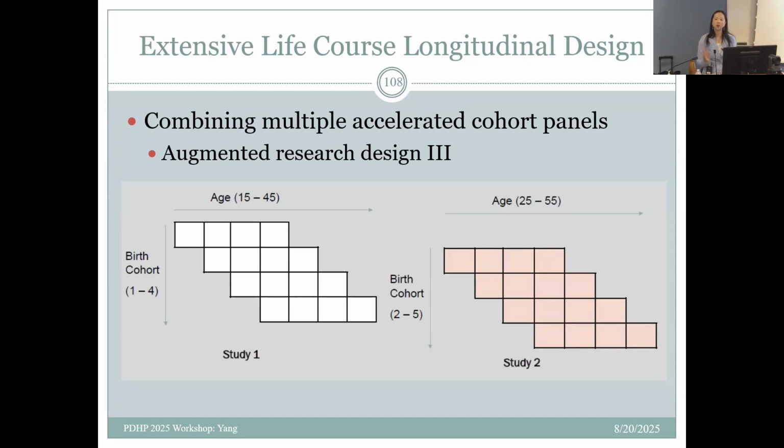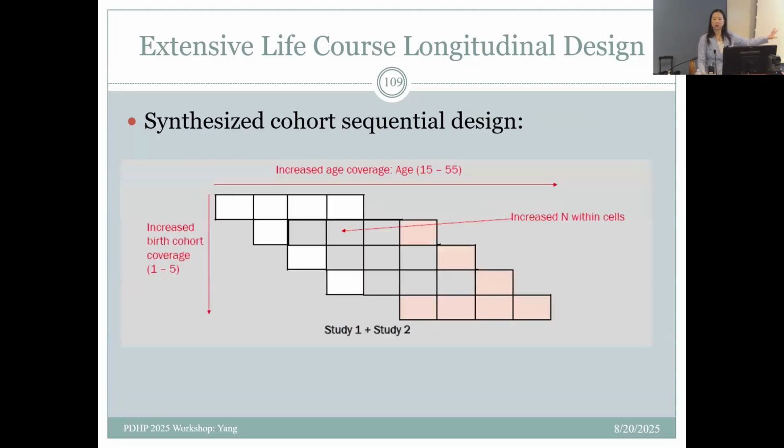So if you have only two studies to combine, they somehow need to follow this kind of data structure as I show in this slide, such that you could do some sort of combination in this shape. Does that answer the question?